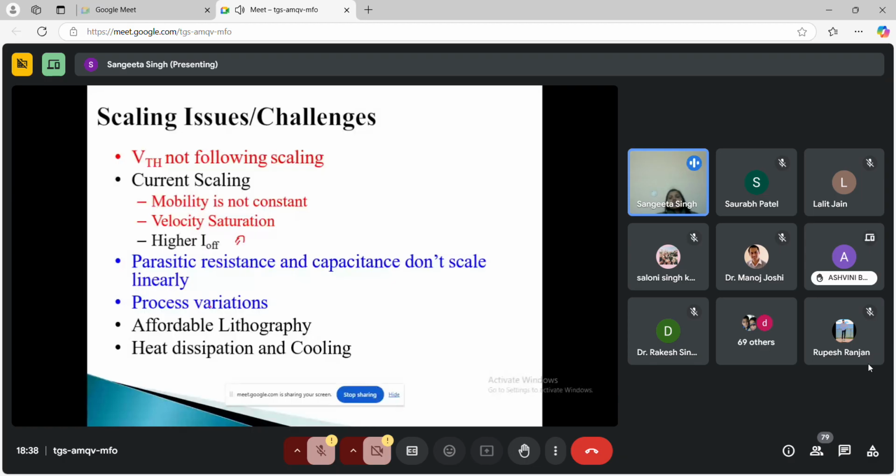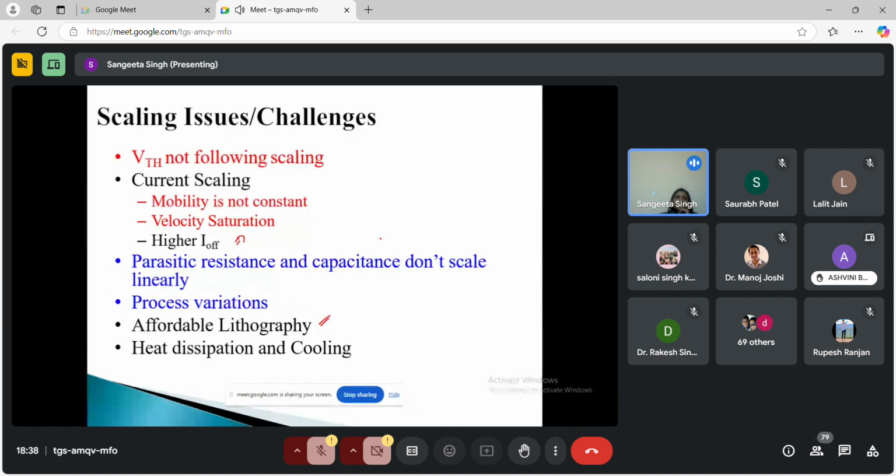Then your process variation effects are there as you keep on reducing the channel length, then the lithography equipment that you need is of high price, then power dissipation, high heat is getting dissipated, then you need to design a cooling circuit for the same, right?